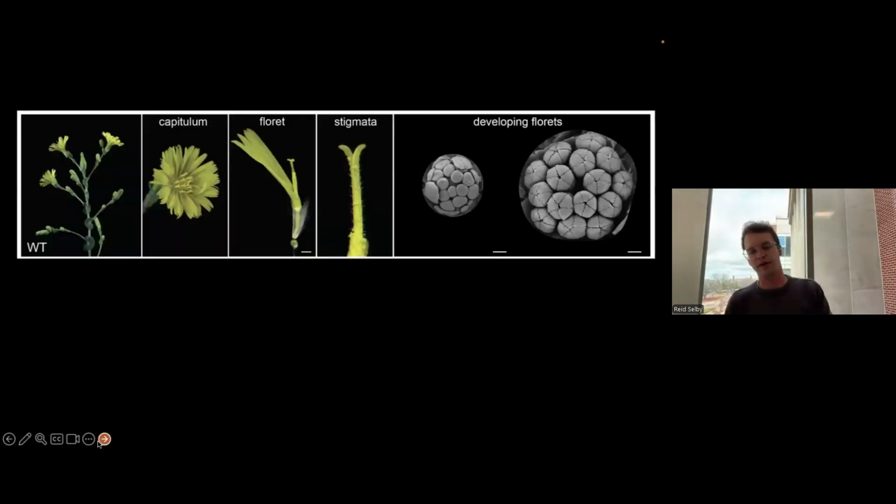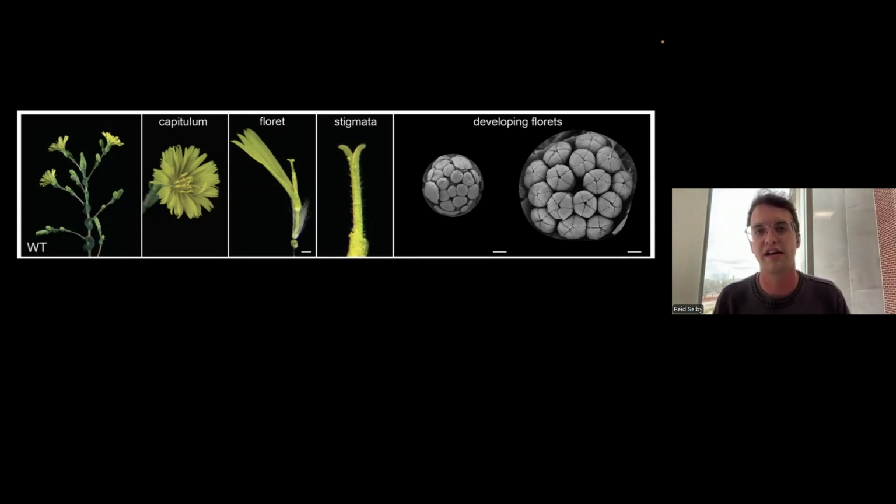To get to this, we turned to reverse genetics. Before I show the mutant plant, I want to set the stage with wild type lettuce here. So here we have our capitulescence we discussed earlier, our capitulum bearing multiple florets, our individual florets featured here, and then there's stigmata. And importantly, there are always two stigmatal lobes in each of these florets.